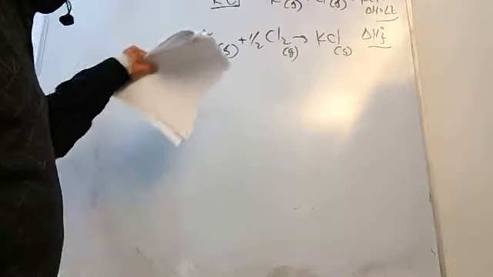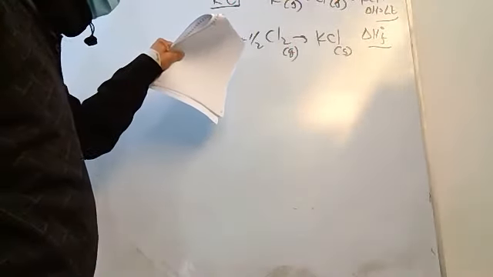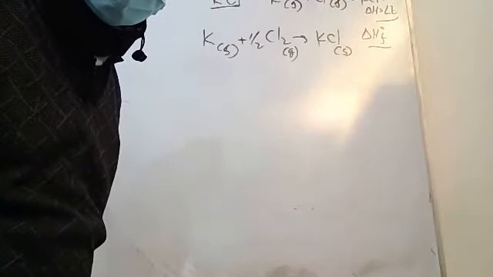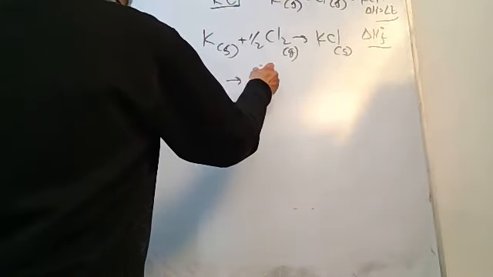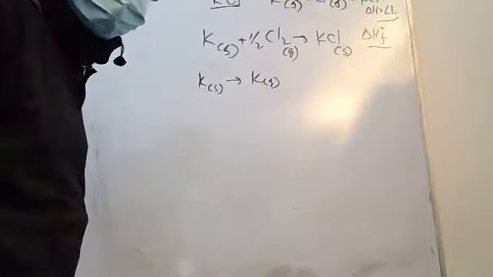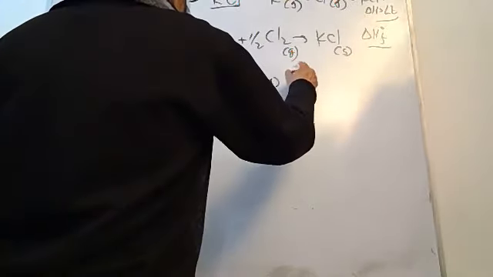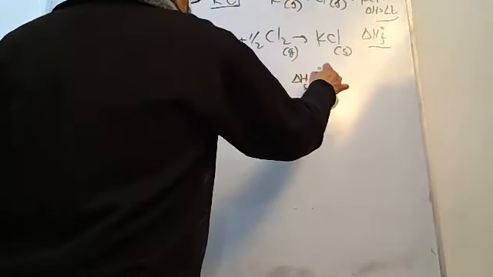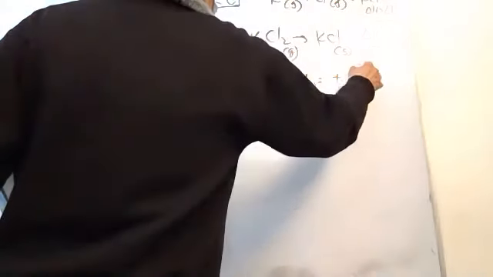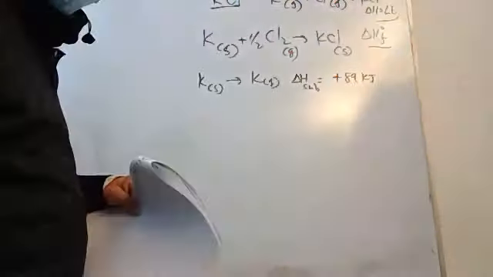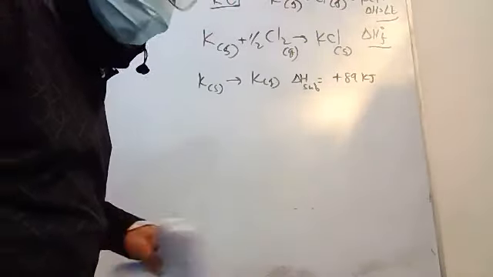But to get this, if you look at the anatomy of how KCl is formed from potassium solid and chlorine gas, we need to go through several steps. The first thing is potassium solid goes to potassium gas. That is your delta H of heat of sublimation, about plus 89 kilojoules. Heat of sublimation is always endothermic, right?